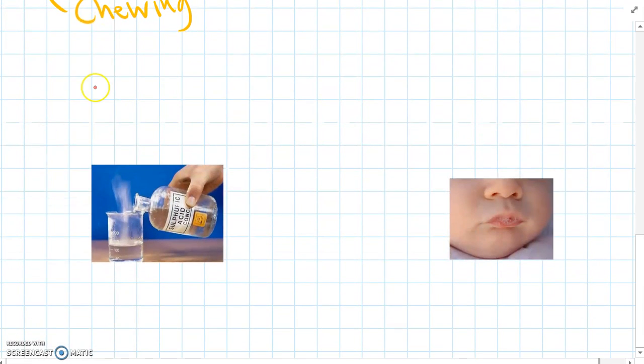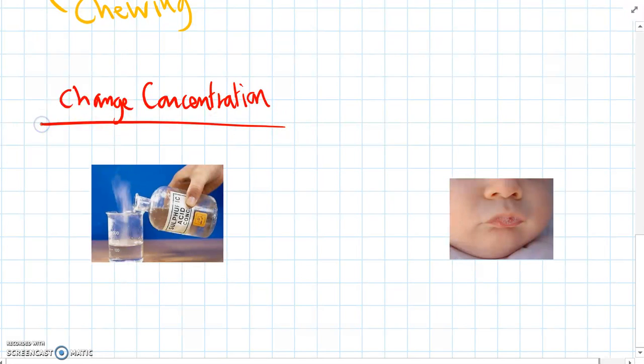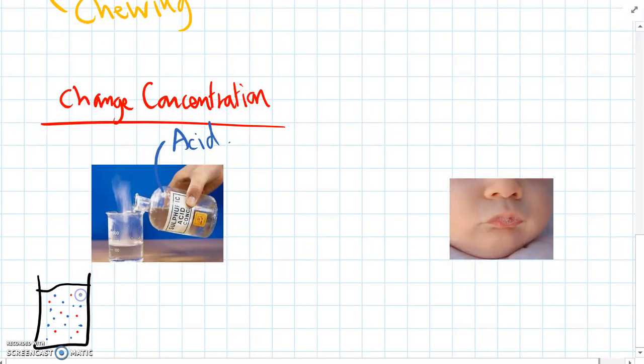Another couple of things we can do is change the concentration. So we've got a picture here of concentrated sulfuric acid. And if we have a beaker full of acid and it's dilute, then there aren't many acid particles in that beaker. The rest is water. That's our blue dots here.